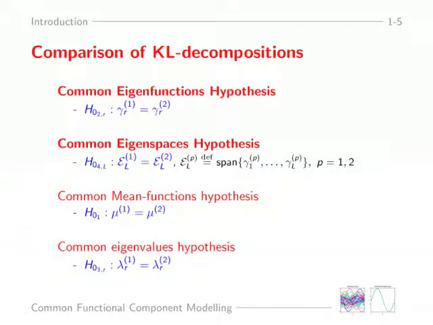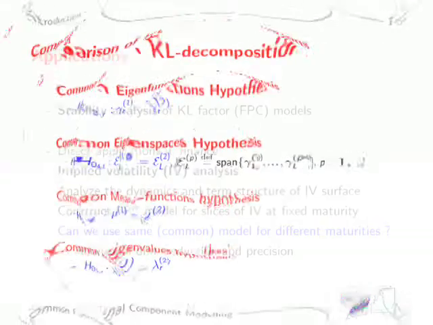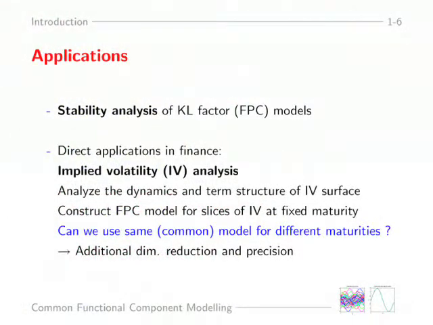And so each gives different information about equality and differences between the different samples. The application, well, I don't want to say too much about that because most of you know this application better than I do, because it's implied volatility modeling.